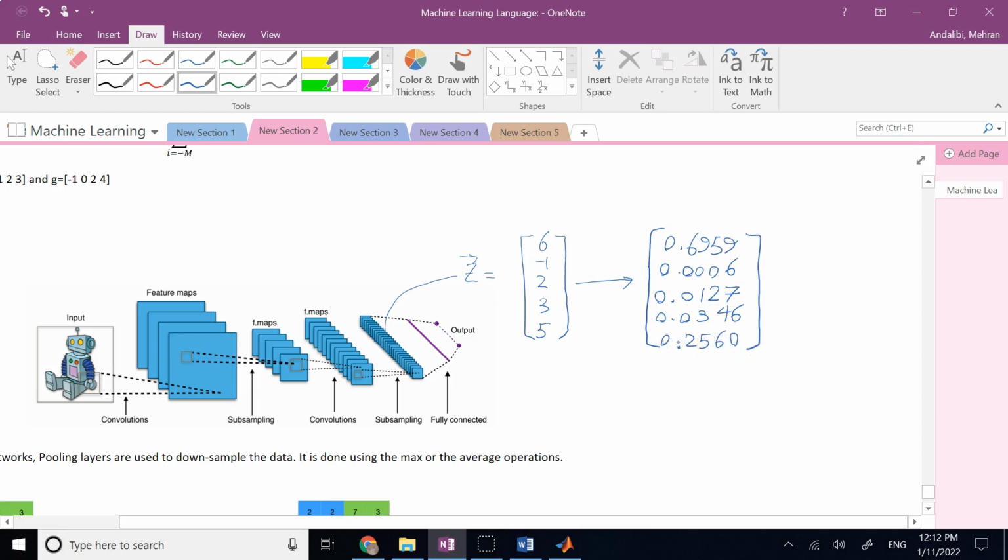So what's the good thing about it is if you're really interested in the max, then you can say that's class 1. But the good thing is it doesn't just give you one single one and a bunch of zeros, it gives you a probability distribution. It says 70% chance it is class 1, 25.6% chance it is class 5, almost no chance it is class 2, 1% it is class 3, and 3-4% it is class 4.